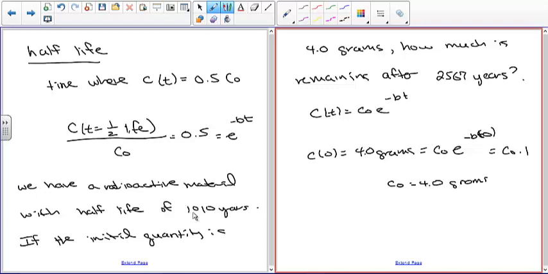And before, we used the quantity at a particular time to calculate b, but what we do here is we say that C at t equals half-life divided by C0, which is 0.5, is equal to e to the minus b times the actual half-life in years.